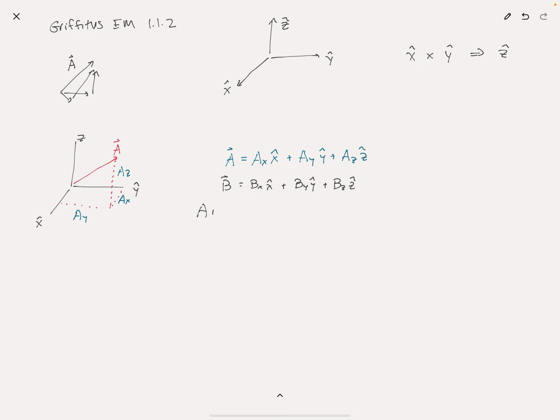I add those two vectors together, and I have to add each component separately. AX plus BX in the x hat plus AY plus BY in the y hat plus AZ plus BZ in the z hat direction. That's how you add two vectors component-wise.